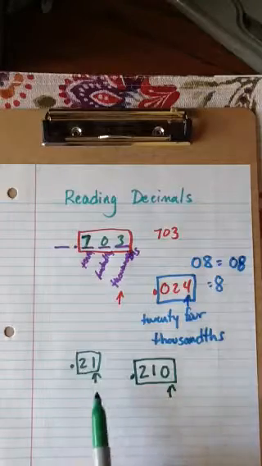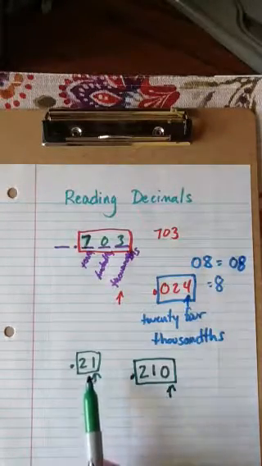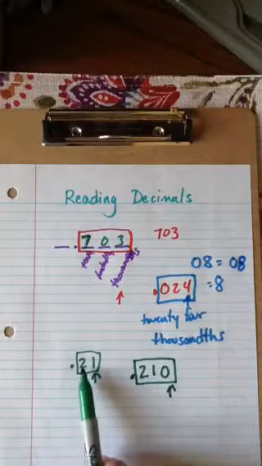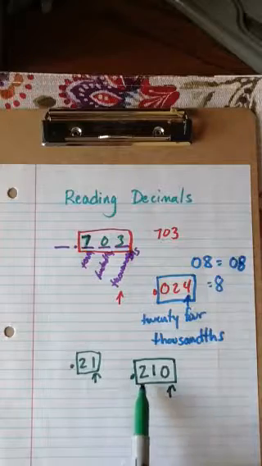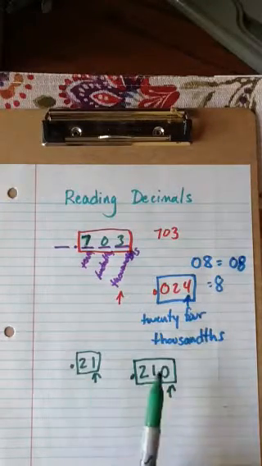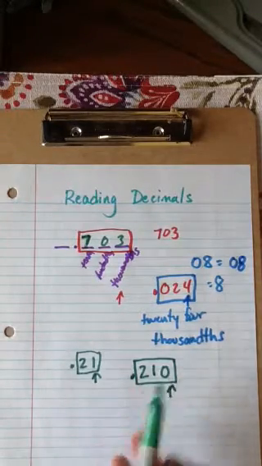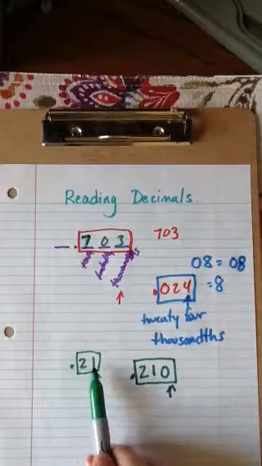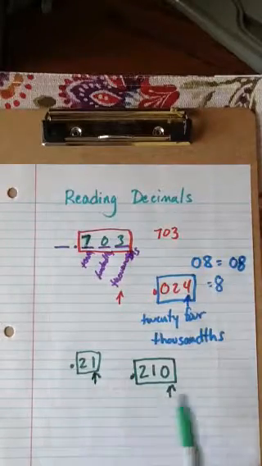This does get confusing for kids. You and I know that this number, 0.21, is the same amount as 0.210. But these two numbers are actually read differently. They have different names, same exact amount. This is 21 hundredths, because that's the last place value.